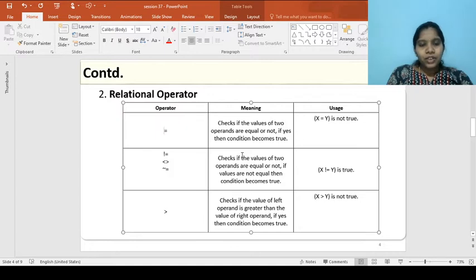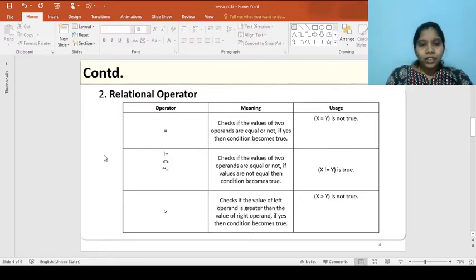The next relational operator is the greater than operator. It checks whether the value of the left operand is greater than the value of the right operand. If it is yes, then the condition becomes true. In the other case, the condition becomes false.